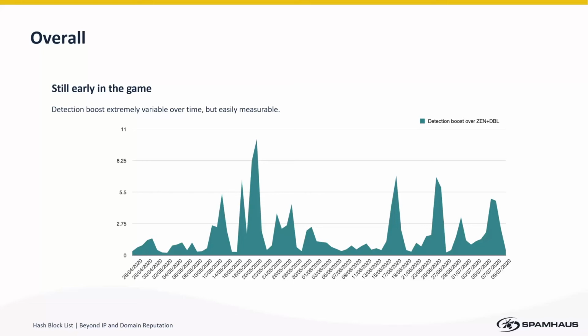That usually means legit servers that happen to have one or more compromised accounts on them, and those are actually sending out this stuff. So about this graph, in case it's not clear, this is not what the HBL blocks. This is what the HBL is blocking and would not have been blocked by any other Zen or DBL component in our list.